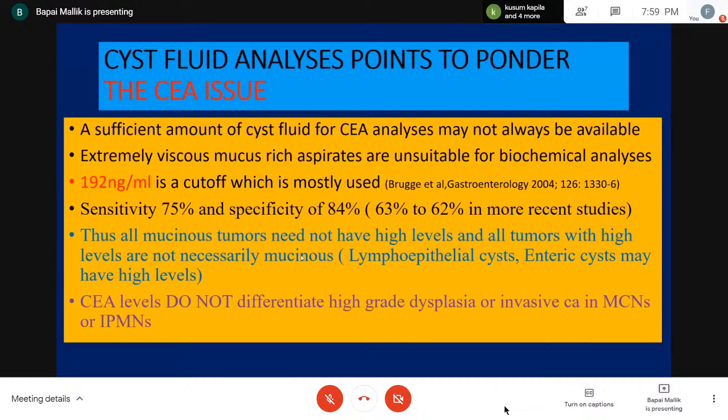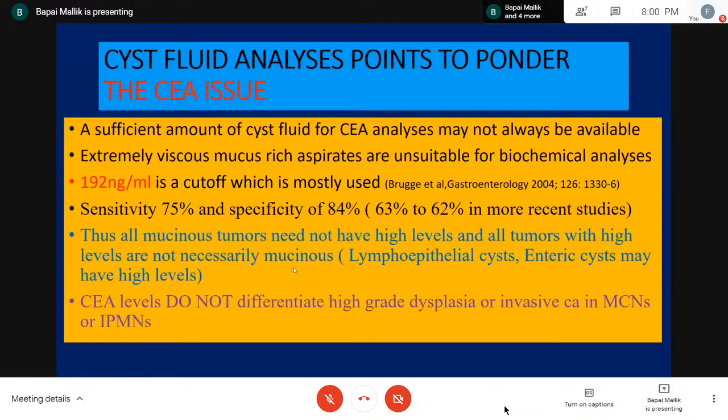Now, using this, the sensitivity is 75% and specificity is 84%. According to some of the recent studies, they have shown sensitivities and specificities as low as 62 to 63%. What does that mean? Because of a sensitivity of 75%, it means that there are mucinous tumors which do not show raised levels of CEA, and that tumors with raised CEA levels may not necessarily be mucinous tumors.